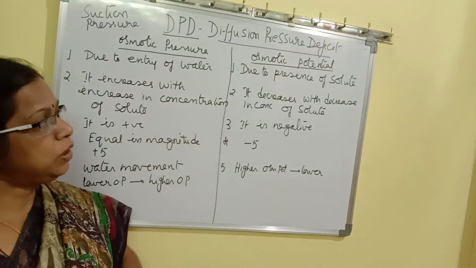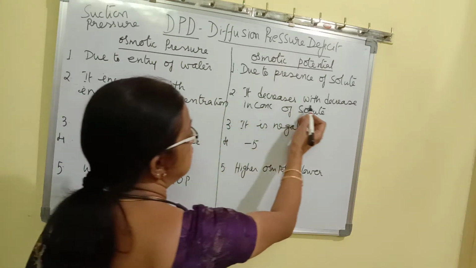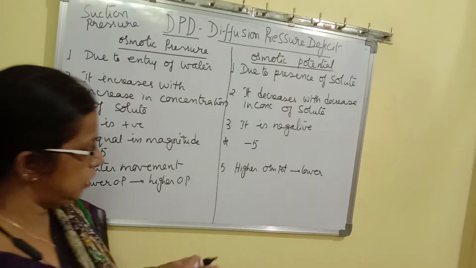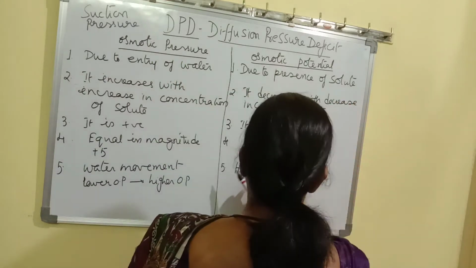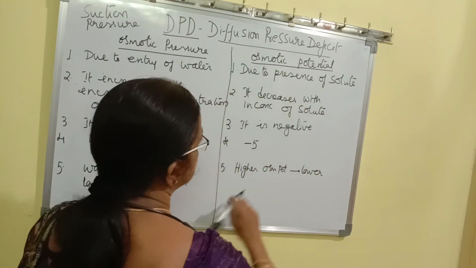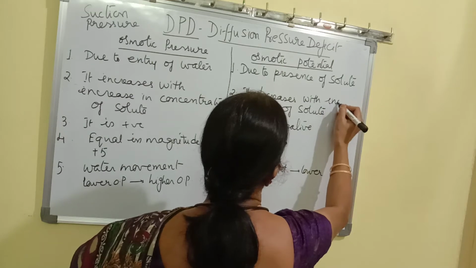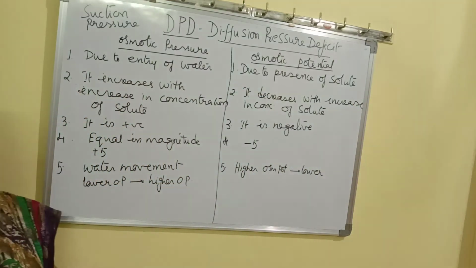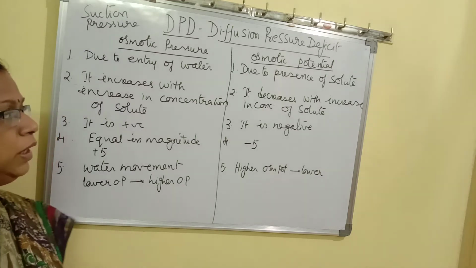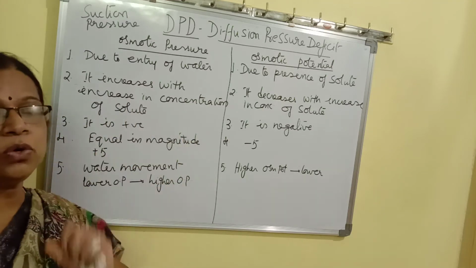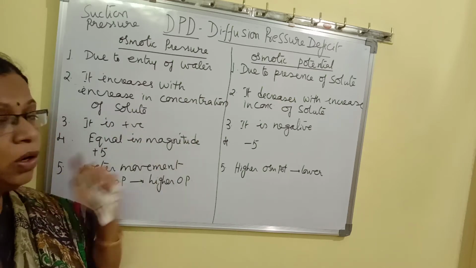Whereas osmotic pressure decreases with increase in concentration of the solute. Sorry, you should take it as an increase: osmotic pressure decreases with increase in concentration of the solute. So with respect to concentration, both are opposite.